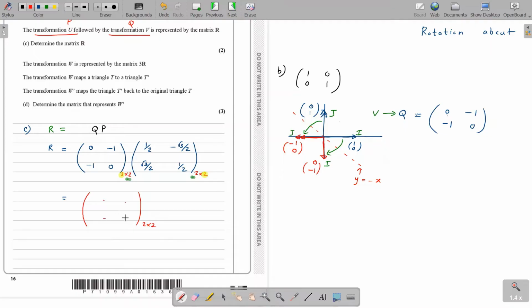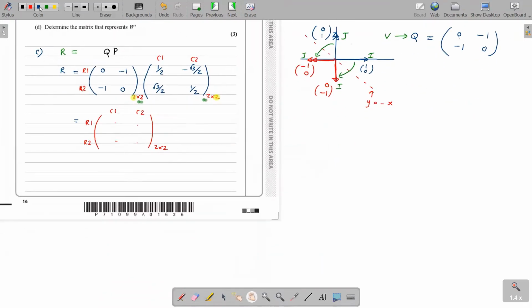There are 2 rows and 2 columns, so basically 4 elements. How do you get the first element? The first matrix will provide you the rows you need for the multiplication. The second matrix will provide you the columns. Are you aware? Okay, so we are going to do the matrix multiplication.